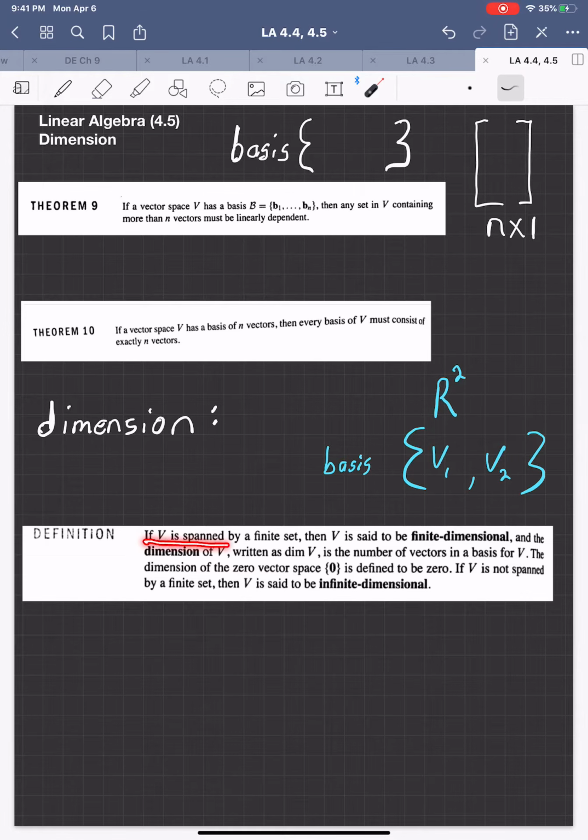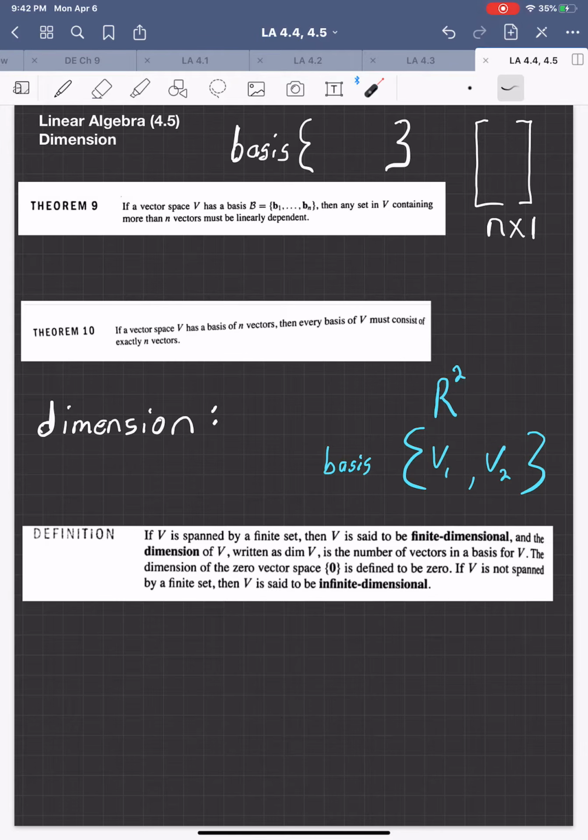If vector space V is spanned by a finite set, then V is said to be finite dimensional. And here it is: the dimension of V, denoted dim V, is the number of vectors in the basis.